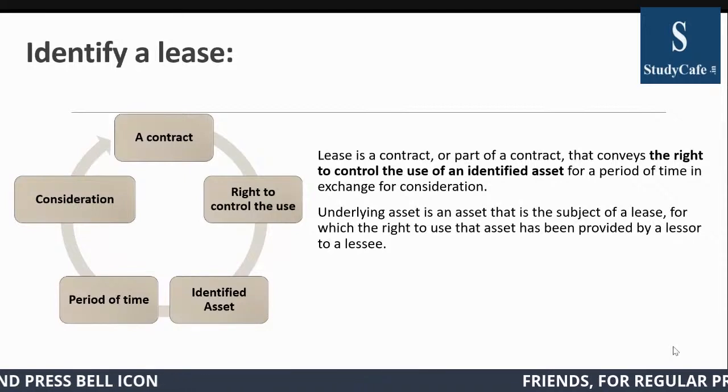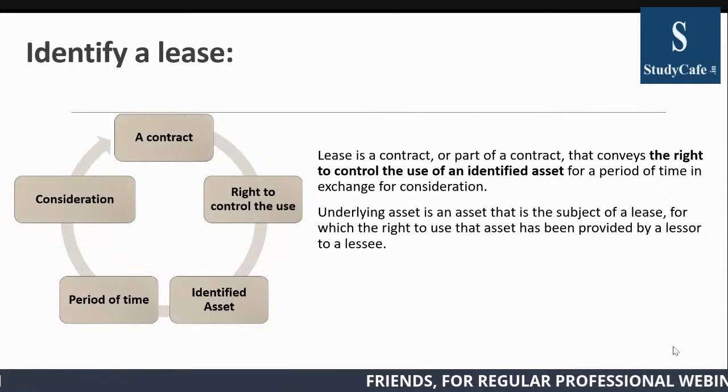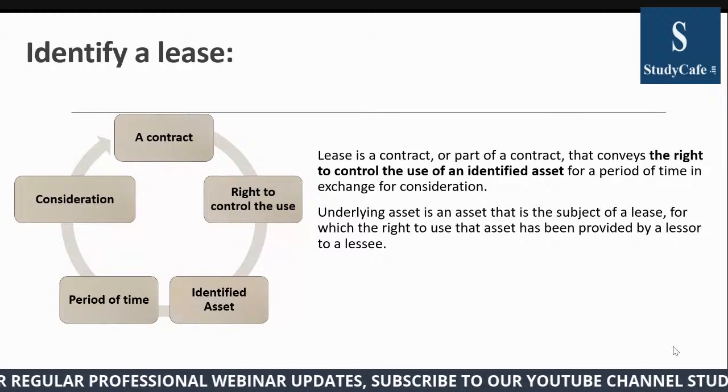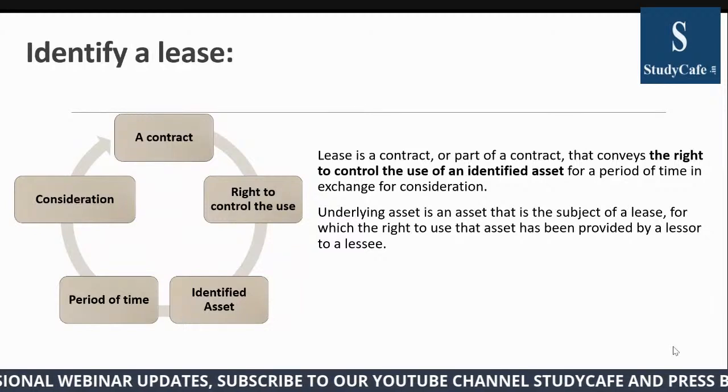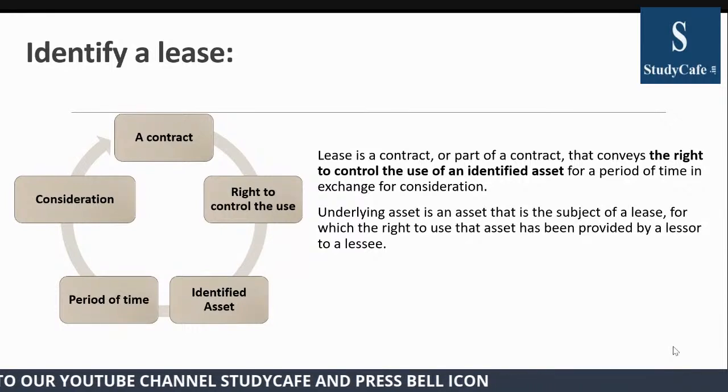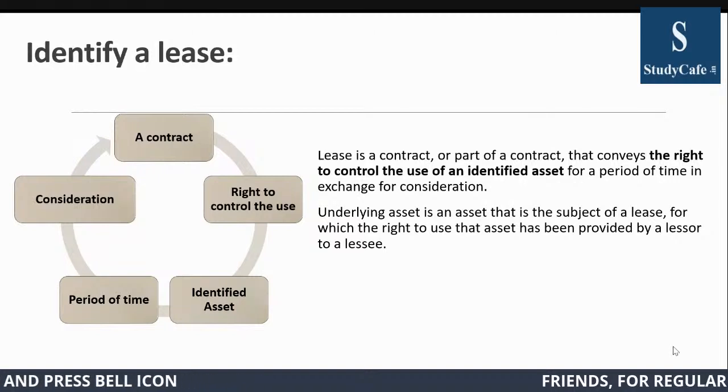Now let's understand how to identify a lease in a contract and what is basically the definition of lease as per Ind AS 116. So basically, there are five components in a contract to be considered as a lease. Number one, it should be a contract, obviously, between two parties or more.